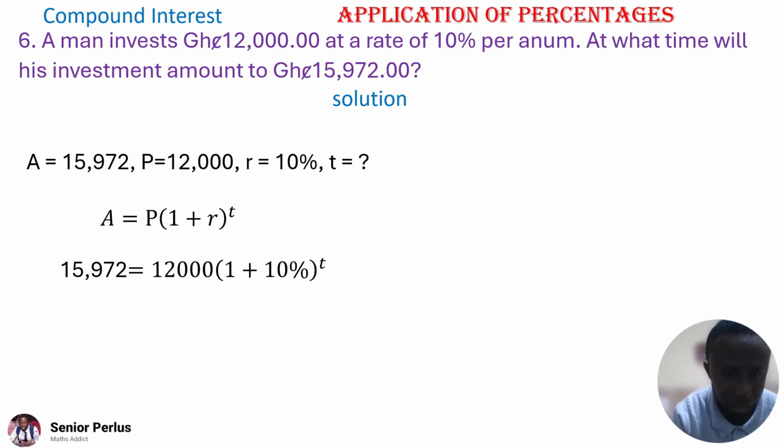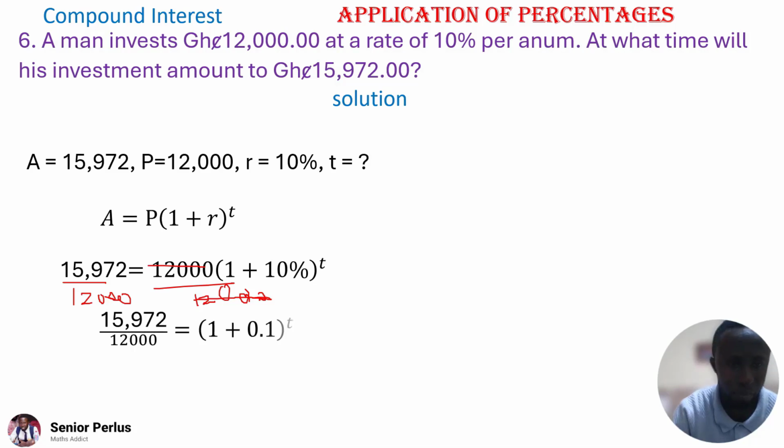We should divide both sides by 12,000 Ghana cedi. So this will cancel. Now if you divide this, you'll get this. Good. 1 plus 0.1, that's 1.1.